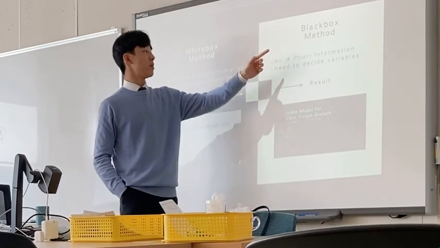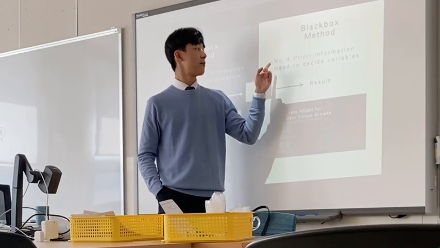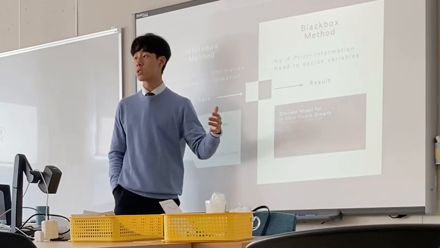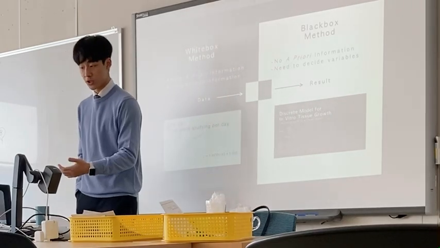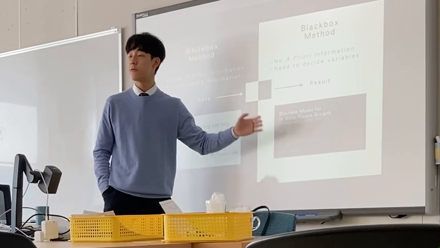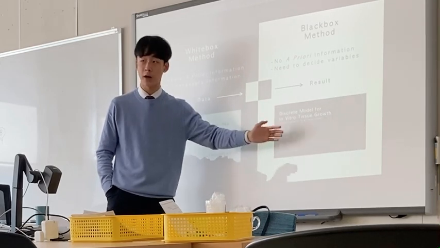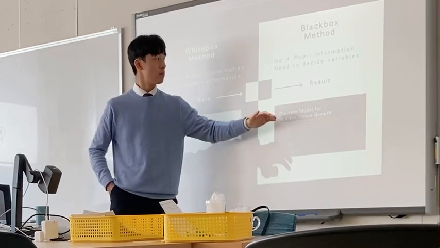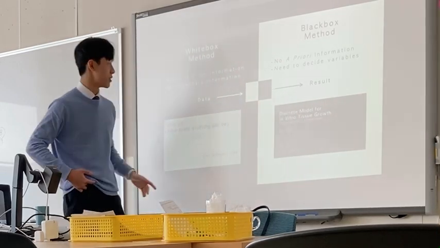But on the other hand, the Blackbox method is when you have no a priori information. And hence you need to decide the variables about what kind of things you're going to take into consideration, and then you make all of those into this set of equations by considering the physical relationships between each of the variables, by thinking about the interactions between each of the variables that you're going to take into consideration.